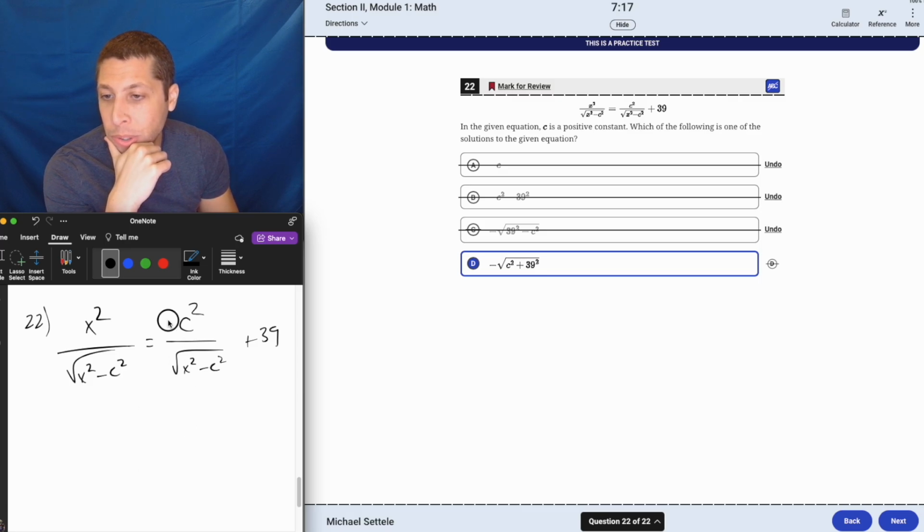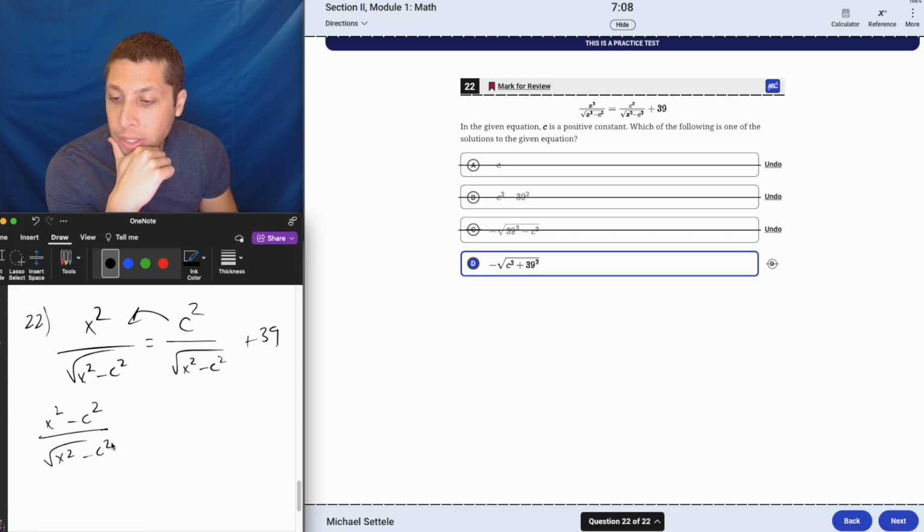What I'm actually going to do is subtract this over, and I'm going to get x squared minus c squared over, and I can combine them because they have the same denominator, x squared minus c squared, and that's equal to 39. Now, square both sides.